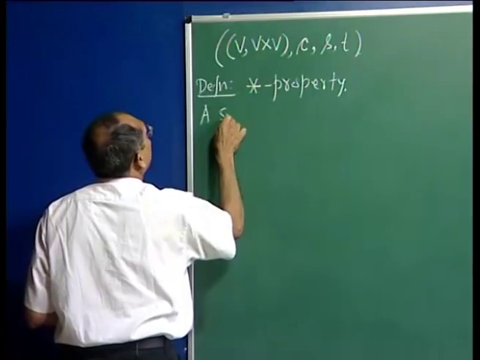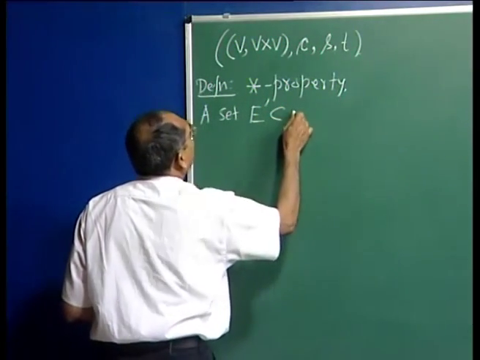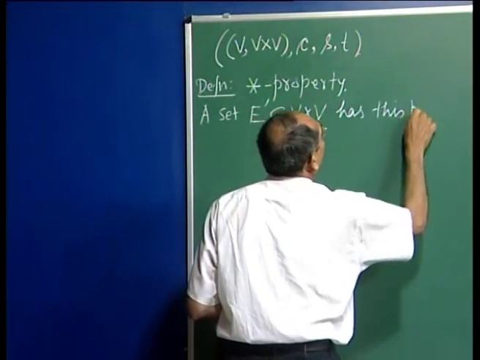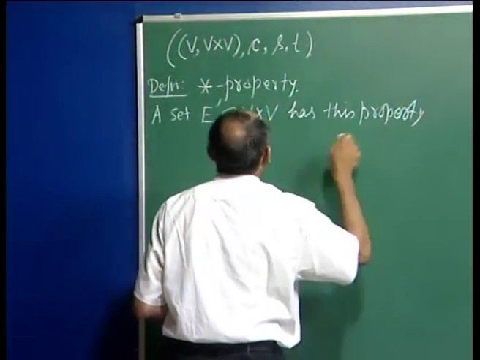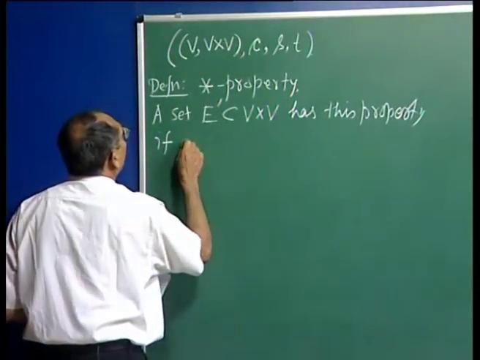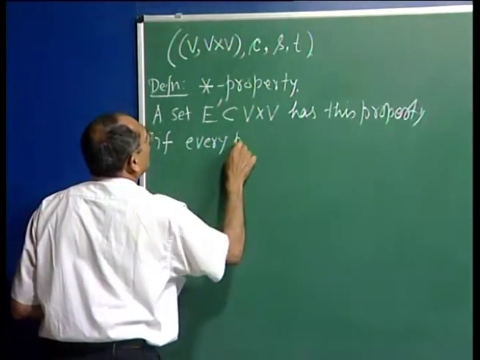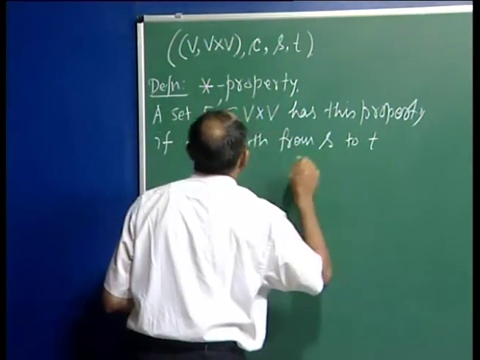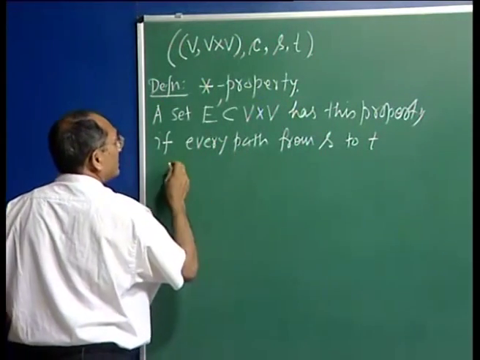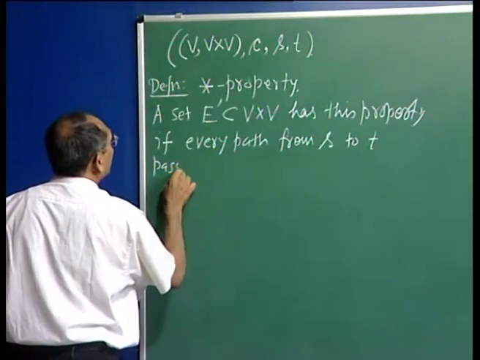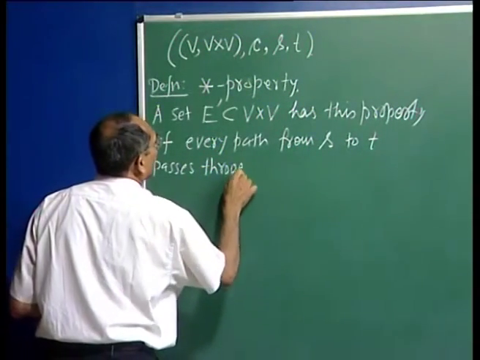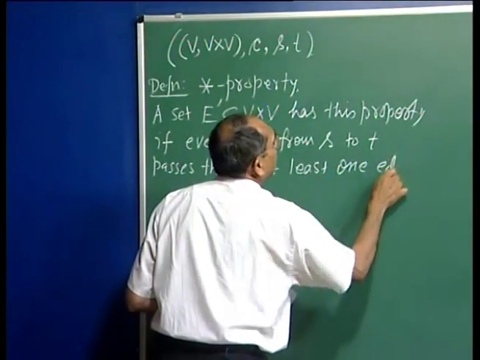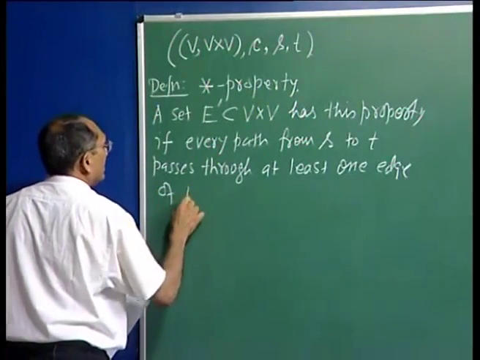A set E prime of the edges has this property if every path from S to T, now, naturally we are talking about directed paths, from S to T passes through at least one edge of E prime.